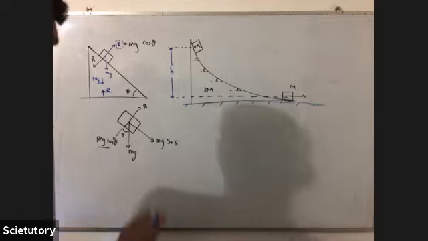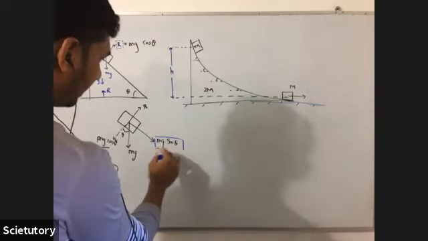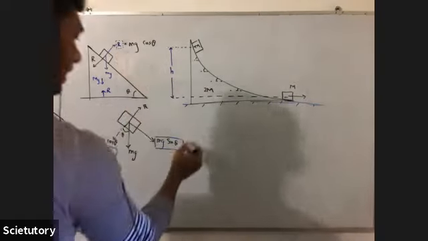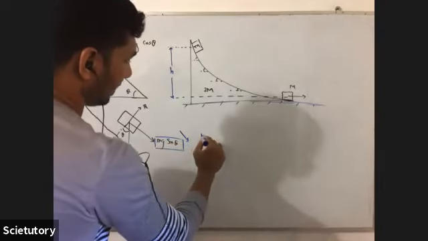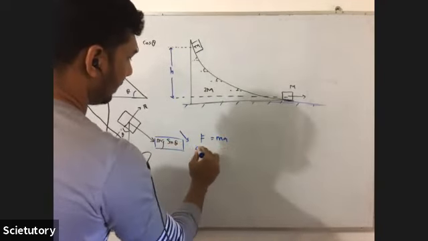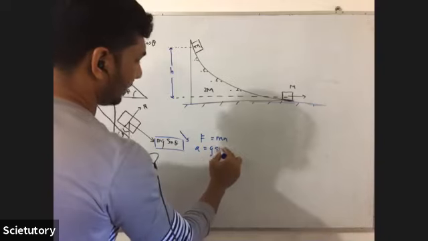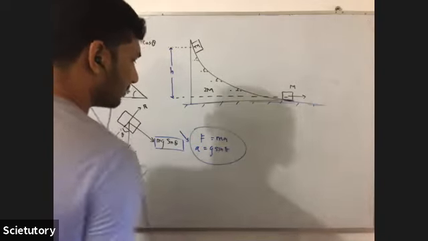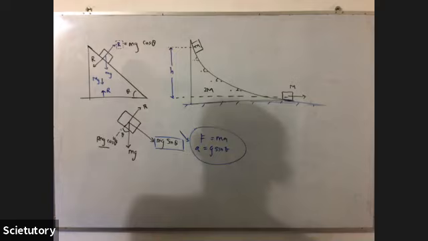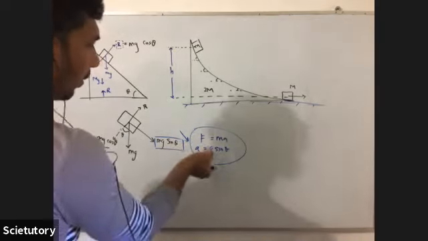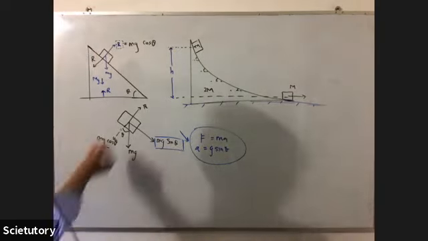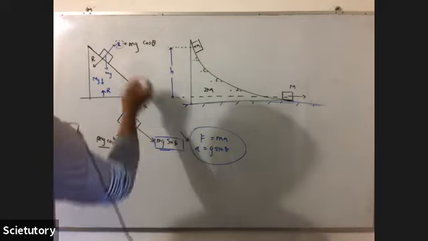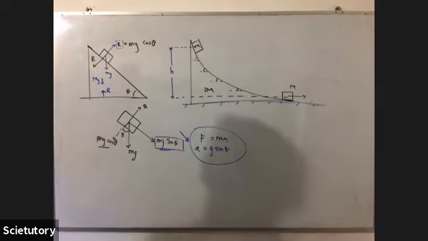In that direction, if you use F equals ma, you will get a equals g sin theta. These are conclusions that you can derive. You all are familiar with these things. So this is the resultant force of this block.